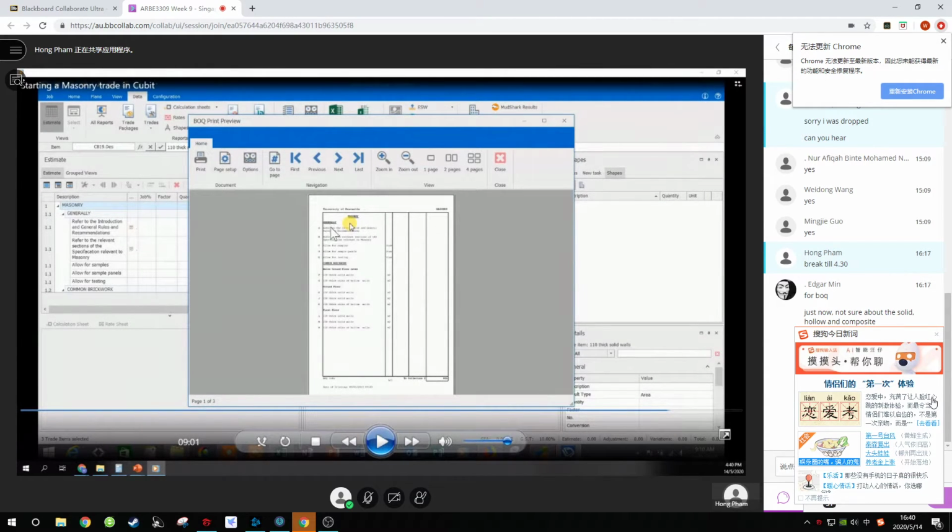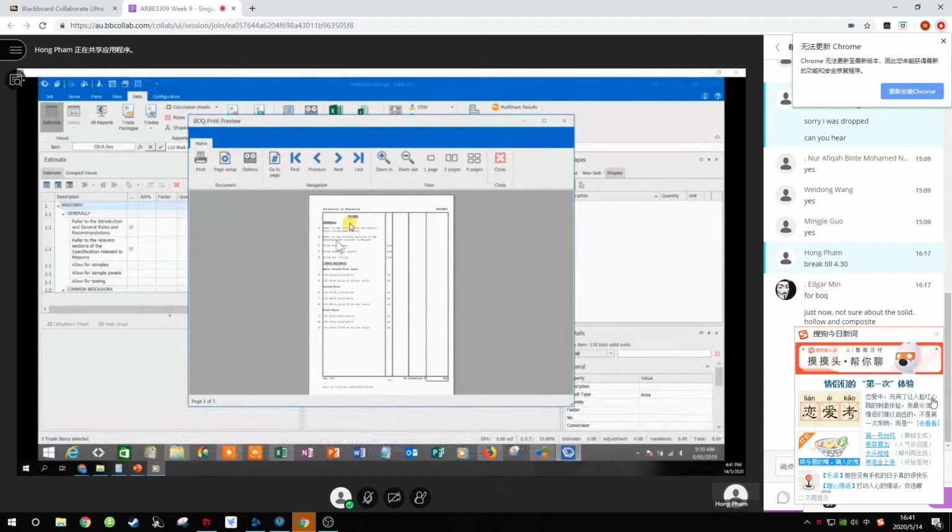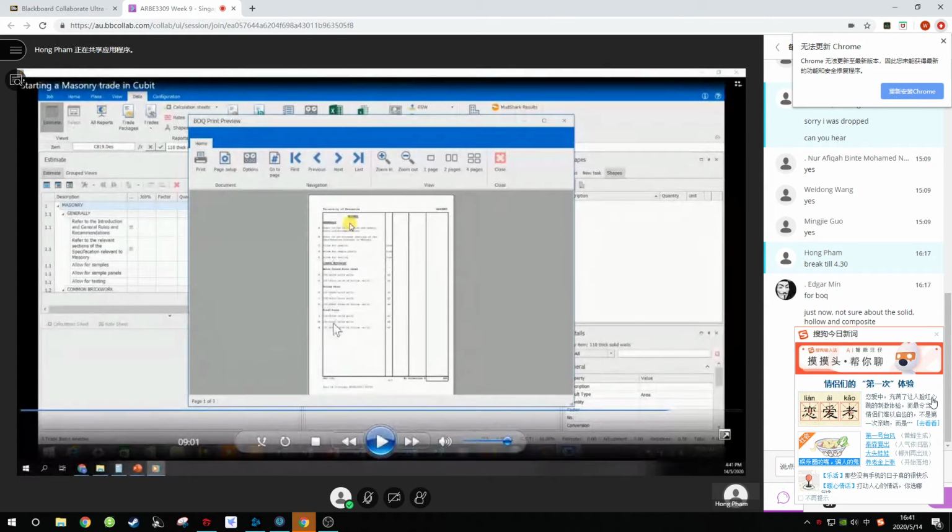You have refer to this, allow for sample, allow for test. Okay, then we have below ground level, ground floor, first floor. So we can really try to create one build of this, like what Trevor did. But now, how do I zoom in this?